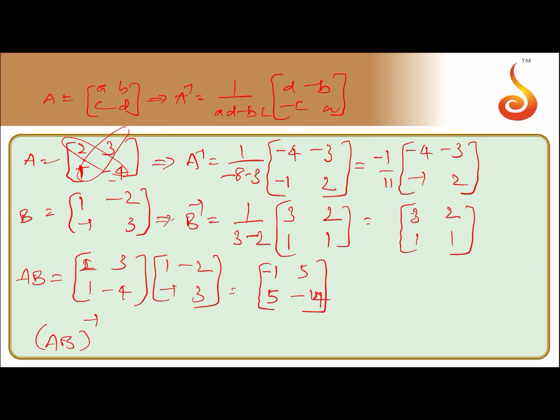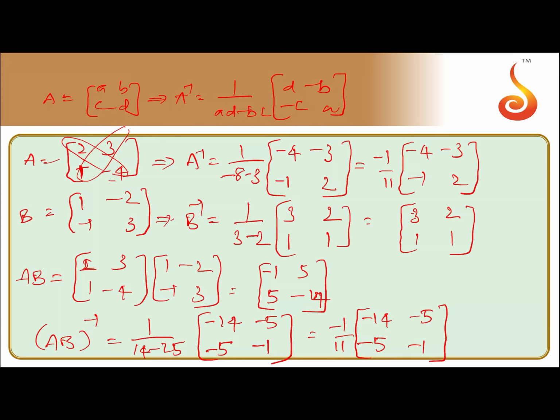AB whole inverse can be written as 1 by AD minus BC, 14 minus 25, times D minus 14, minus B minus 5, minus C minus 5 and A minus 1, which is equal to minus 1 by 11 times minus 14 minus 5, minus 5 and minus 1.